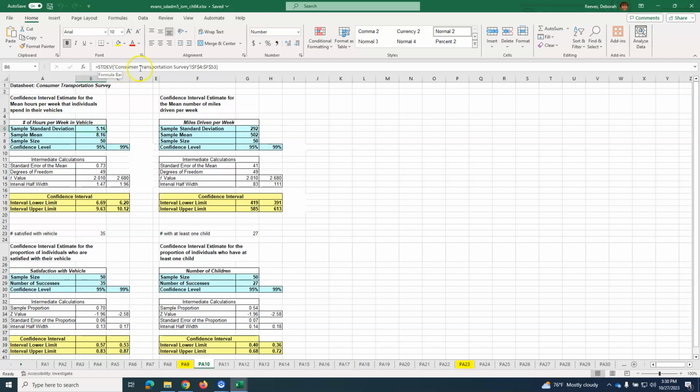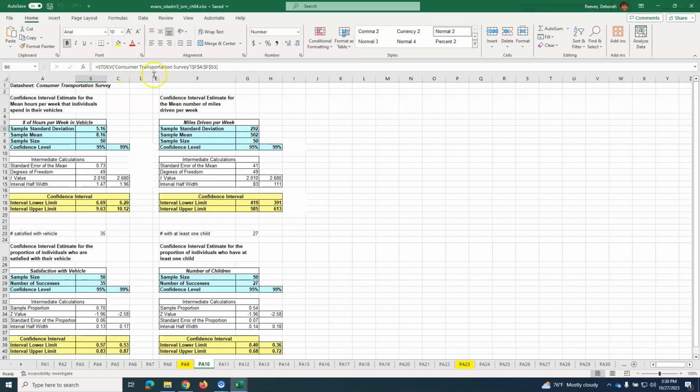It's calling up the Consumer Transportation Survey from F4, which is a column that has the number of hours per week. It's going from F4, which is where the very first number is, to F53, which is where the very last one is.